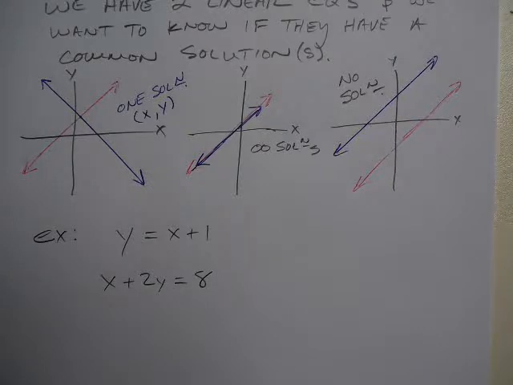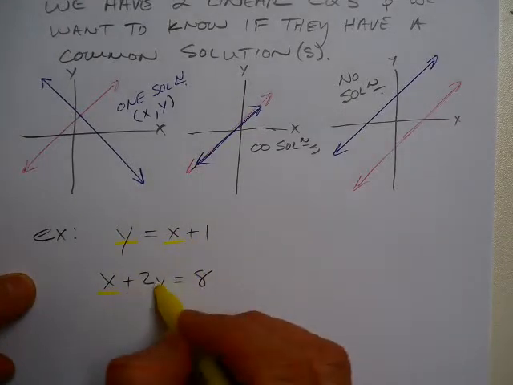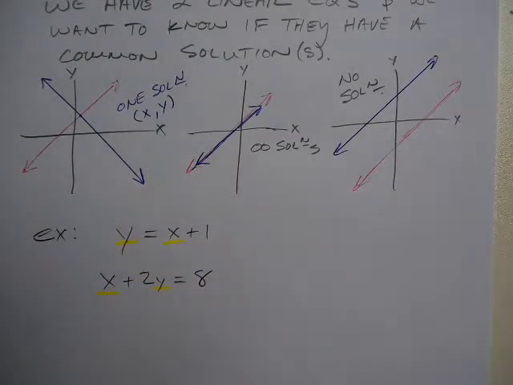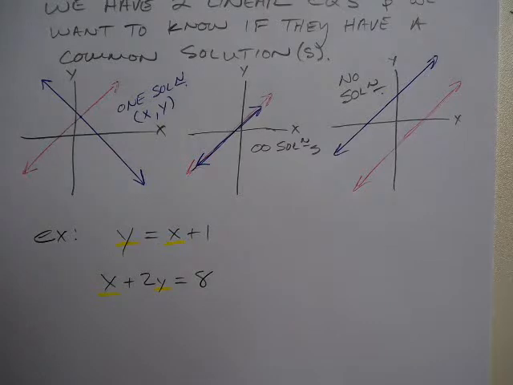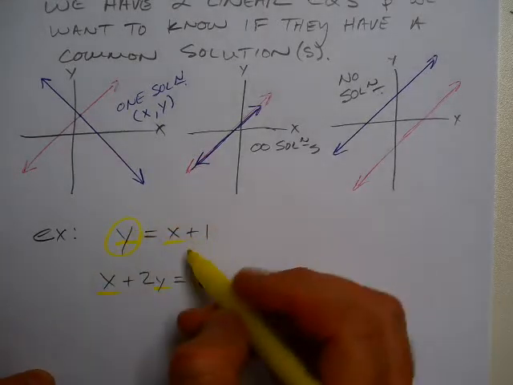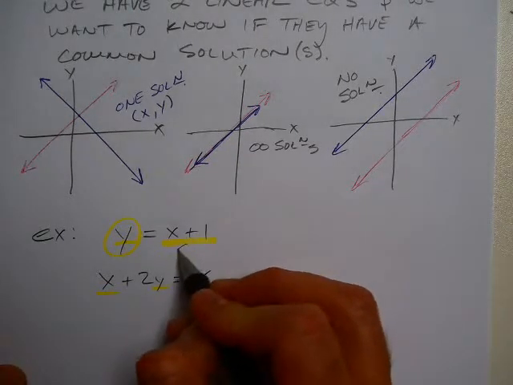I have 2 variables, x and y, right? I need to solve for one of them. But in this case, I already have one solved. This y, we know what y equals. It equals x plus 1, right? So what I can do is take this x plus 1 and replace it.